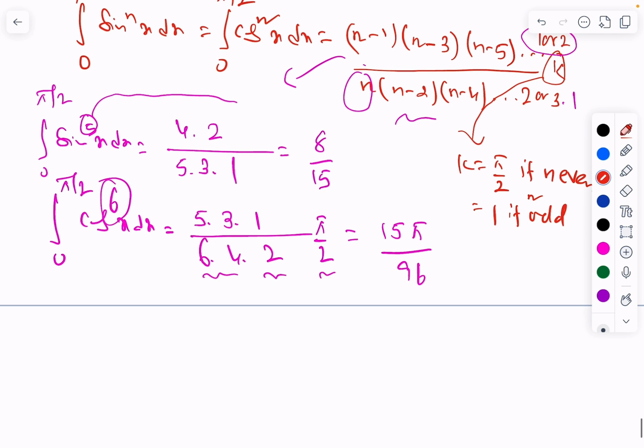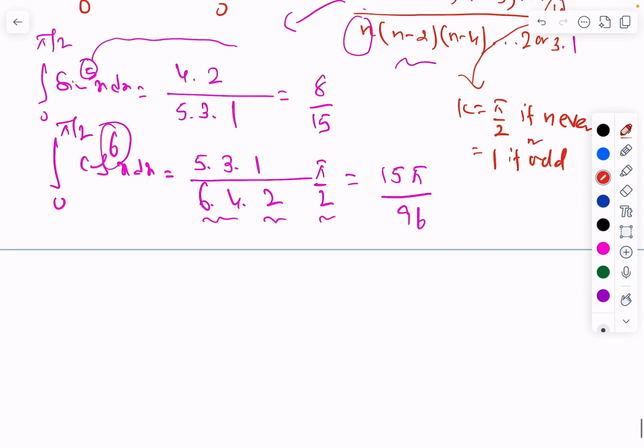So let us have some example. Evaluate integration 0 to pi of 1 plus cosine theta power 4 d theta.